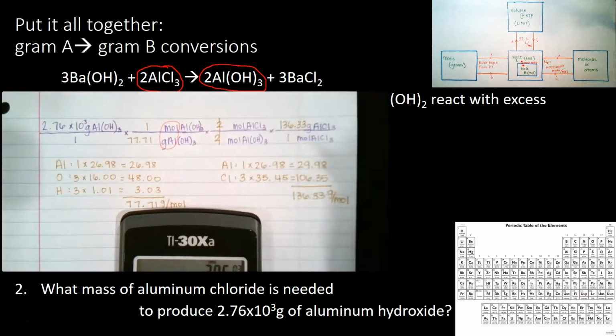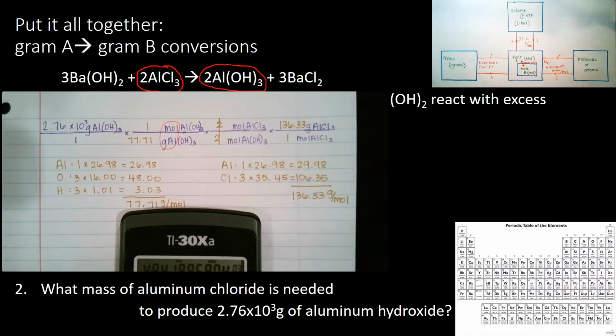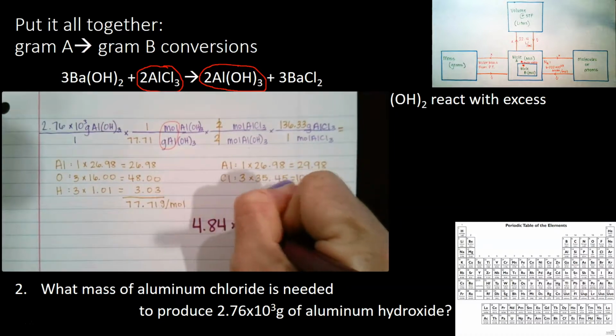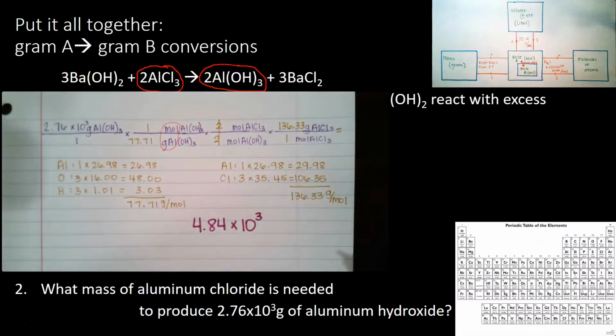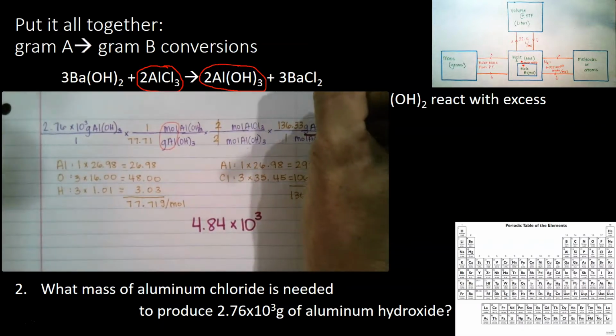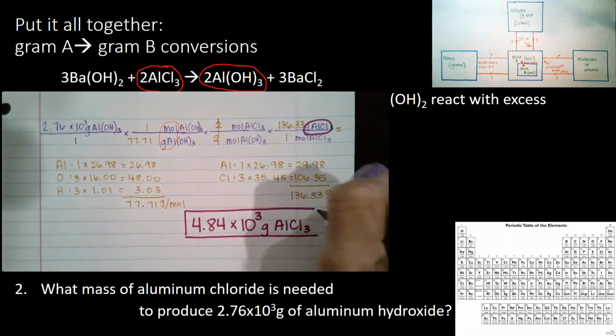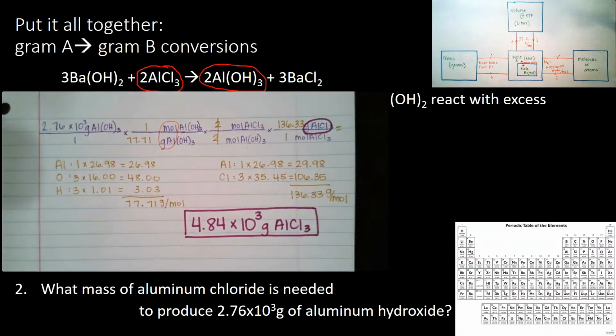So I'm going to say times 136.33 divided by 77.71. And if I want that in scientific notation, I'm getting 4.84 times 10 to the 3rd power. And the unit for that is going to be what's left, grams of AlCl3.